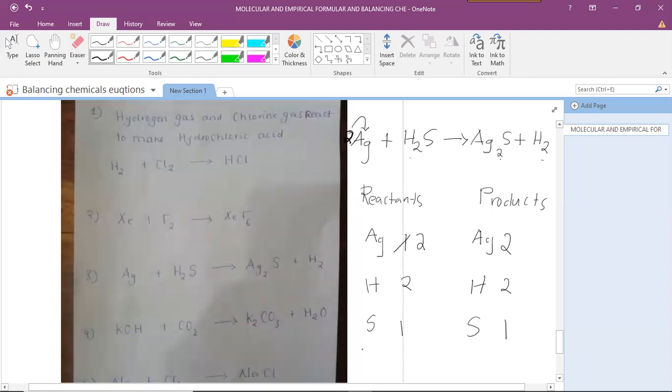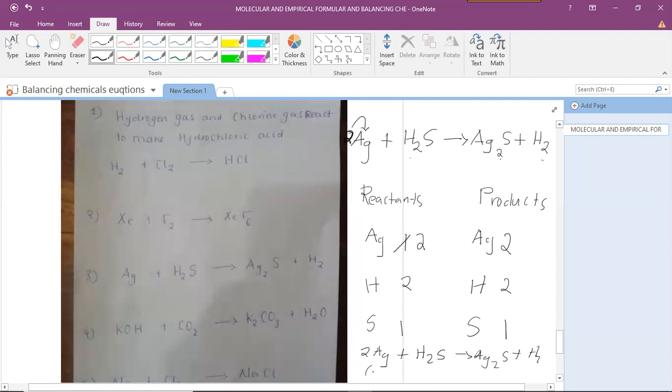So the complete reaction just becomes 2Ag plus hydrogen sulfide to give us Ag2S plus H2. So maybe this looks like a redox reaction of some sort. Remember, the question guides you.